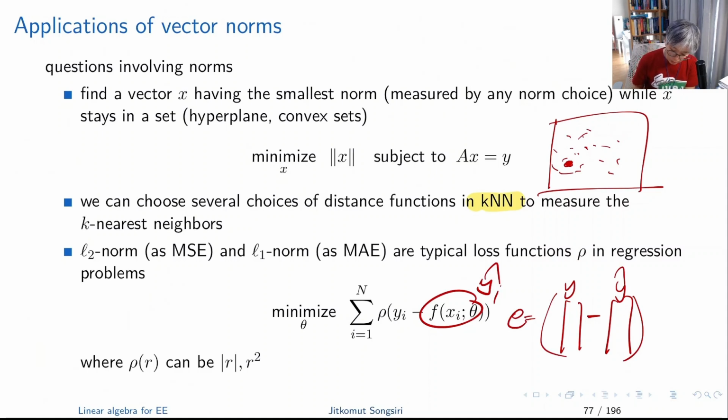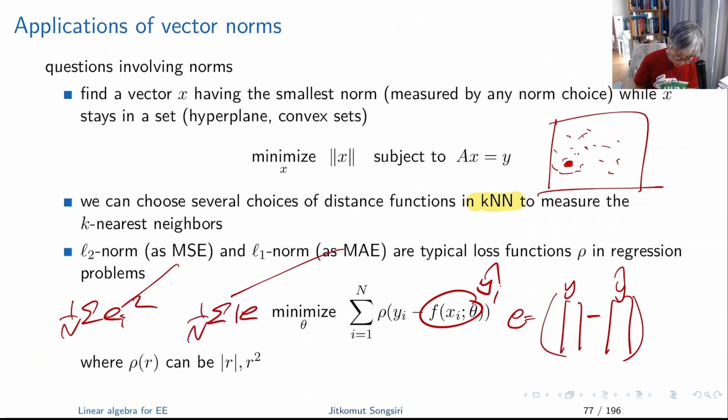Now the vector e becomes the error vector, and you aim to measure the size of this vector e by either mean square error, which is the sum of squares divided by n, or MAE, the mean absolute value. Of course, MSE is related to the two norm of the error divided by n, and MAE is the one norm divided by n.